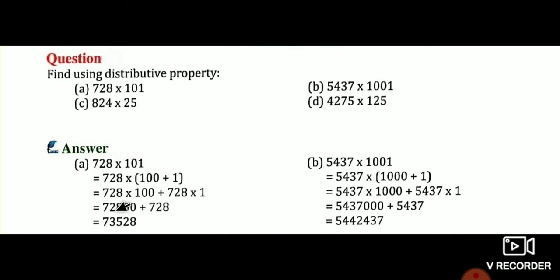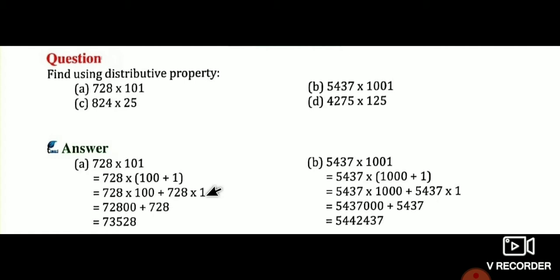Therefore write 728 into 100 plus 728 into 1.